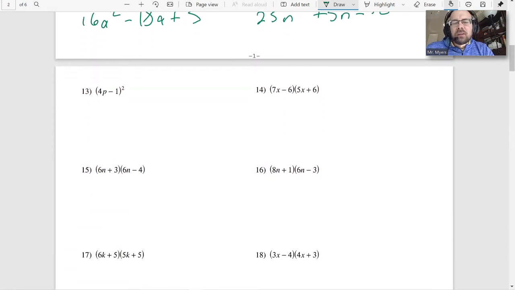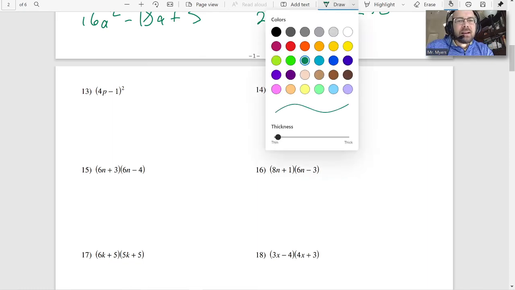All right, so number 13, remember I was saying I kind of skimmed over 13 at first, because I was like, oh yeah, all of these are the same. So number 13 doesn't look like the same kind of problem as what we've just been doing, but it actually is. Let me switch to a color I haven't really used yet.